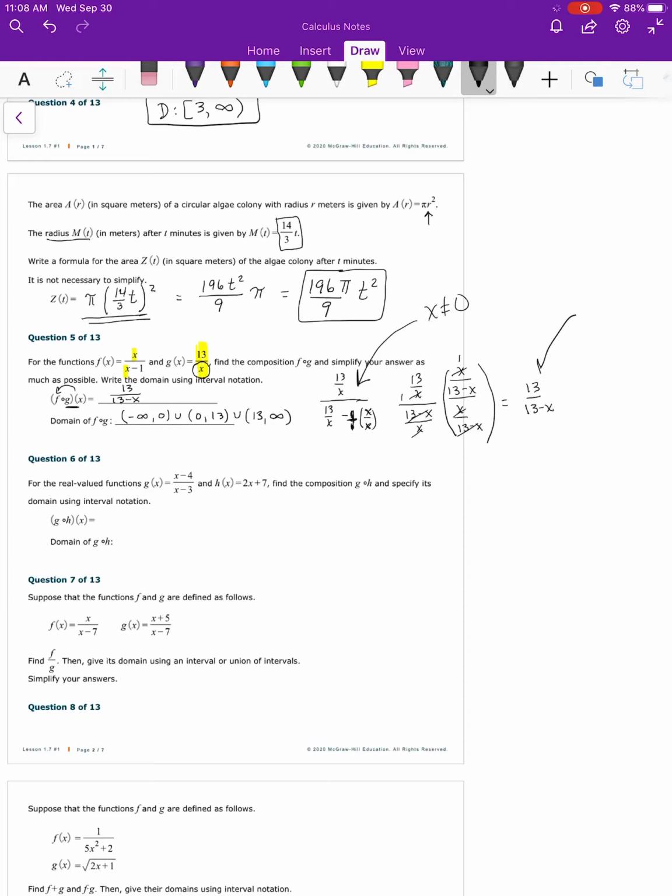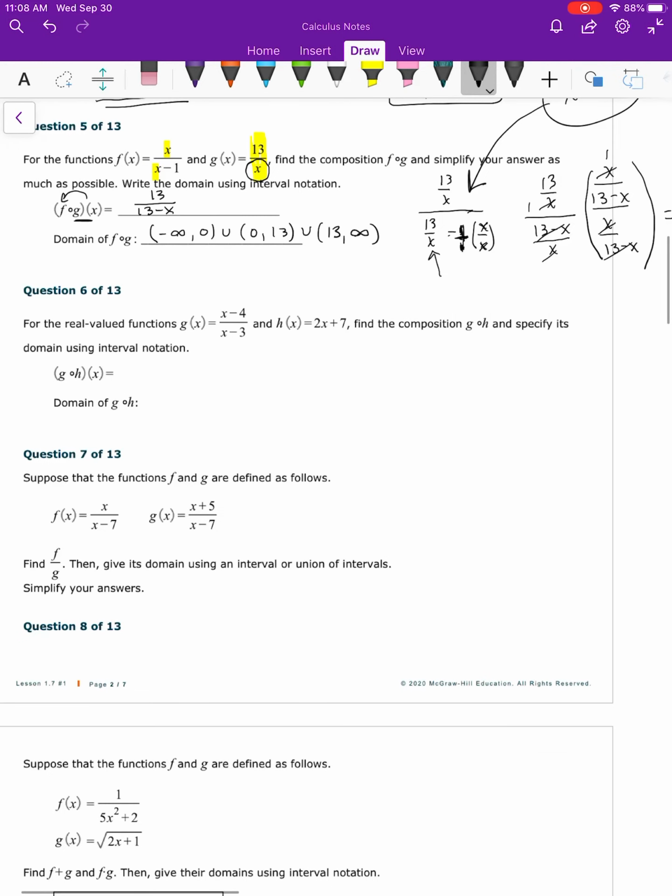But then when you simplified it, you saw that x can't be 13. Okay? Because if x would have been 13 right there, 13 divided by 13 minus 13, well, that's 13 minus 13, which is 0. So these are both problematic for this. So you had to take those out, okay?